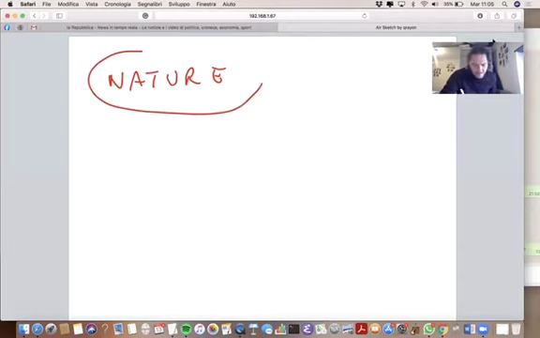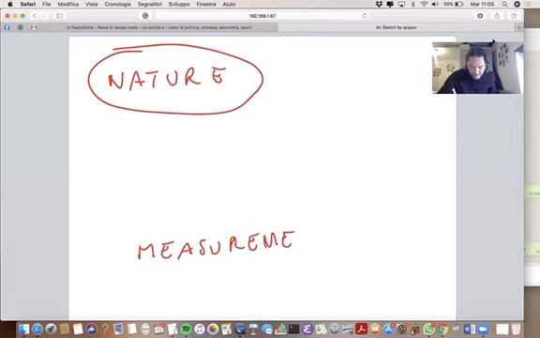So in classical physics, you have nature, and then you have measurement, and measurement is something you do: you measure, and you get information about nature, so to say.